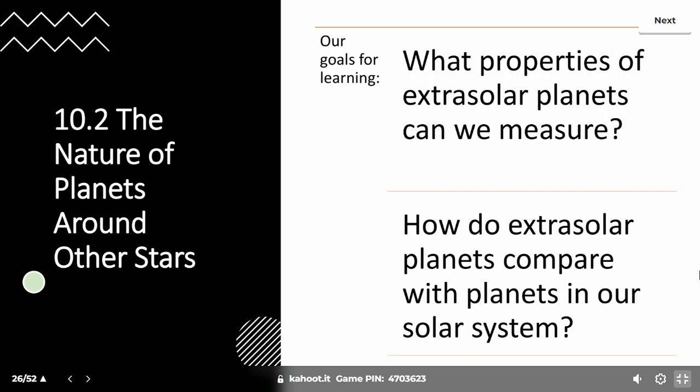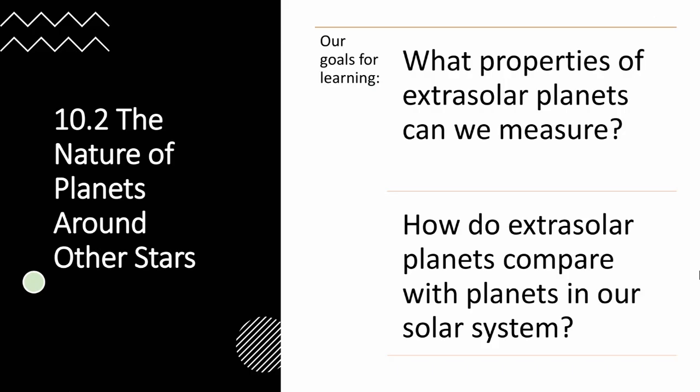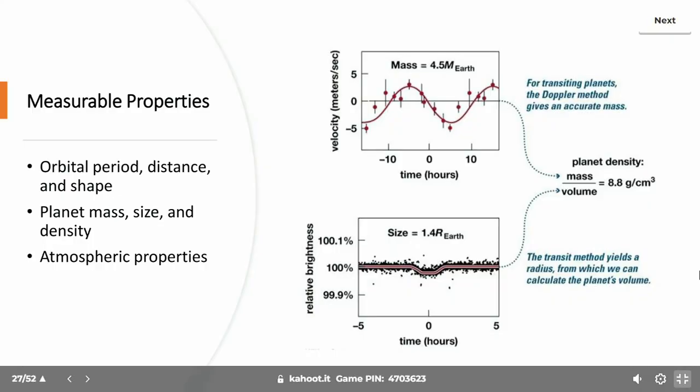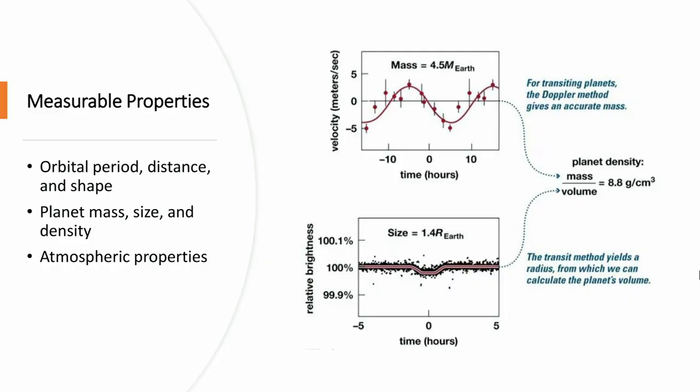So now we're going to talk about using those methods, what things can we measure about these exoplanets. The most important thing that we could get from our measurements is the density of the planet. Because once we know the density of the planet, then we can decide, is it a gas planet, is it a terrestrial planet?